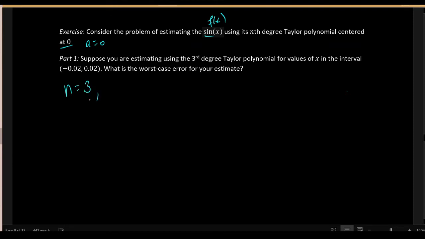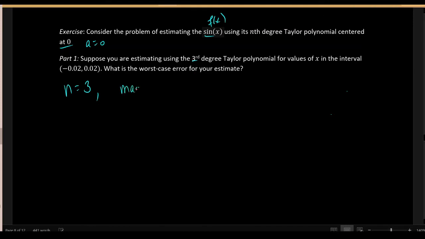So that information is telling us that in part 1, we are using the value n equals 3. The next piece of information that they tell us is that we are only considering the values of x in the interval negative 0.2 to positive 0.2.